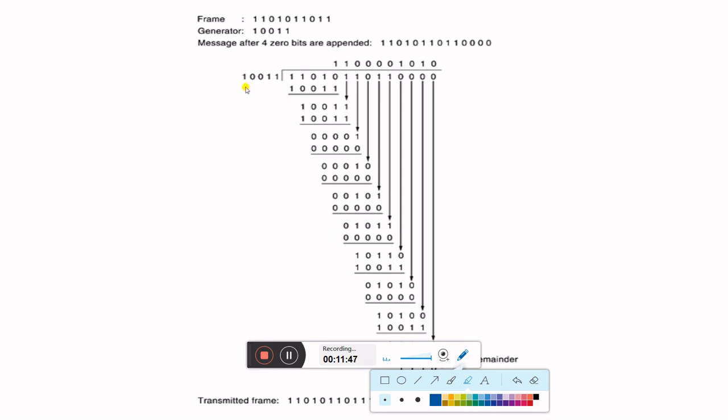Here it is written the generator polynomial. This will act as the divisor, and in the dividend field we write the message after the 4 zero bits are appended, and here we will write the quotient.